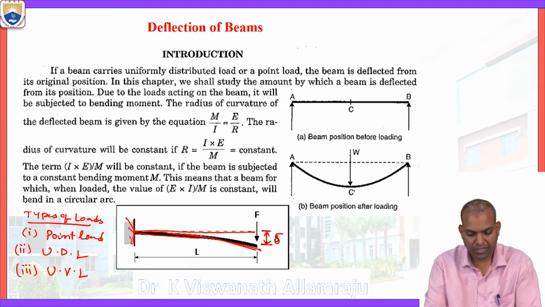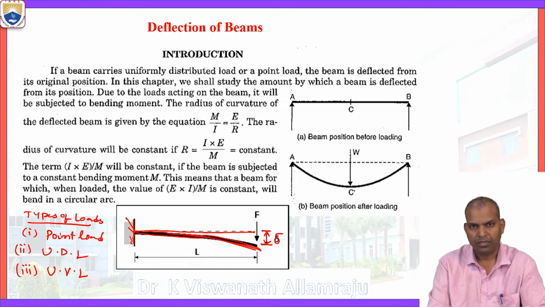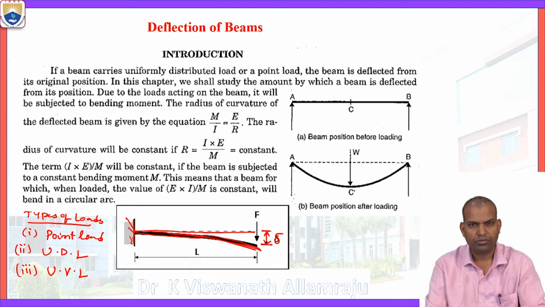And this free end may have a certain slope. So in this chapter we will study the deflections and slopes of various beams when they are subjected to either point loads or uniformly distributed load or uniformly varying load or a combination of these three.